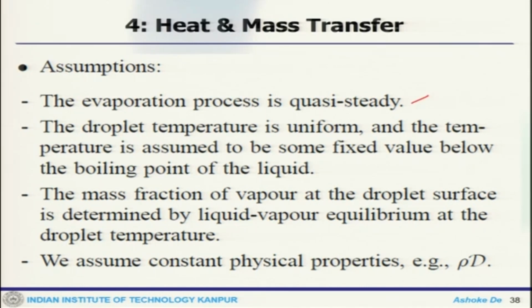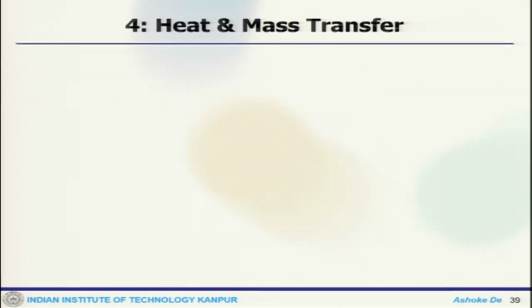Then the droplet temperature is uniform and is assumed to be some fixed value below the boiling point of the liquid. That is another important point. Then the mass fraction of vapor at the droplet interface is determined by liquid vapor equilibrium at the droplet temperature. And also we assume constant physical properties like rho, D, and so on. With these assumptions, one can find the evaporation rate.